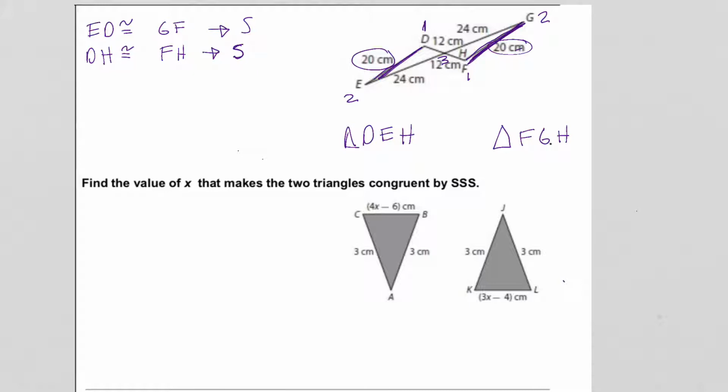And now the last one, EH. And EH corresponds with GH. All right, we've already done this one and this one. Now I have to do the third side, EH and GH, and they both appear to be 24. They're both congruent. There's our third side.